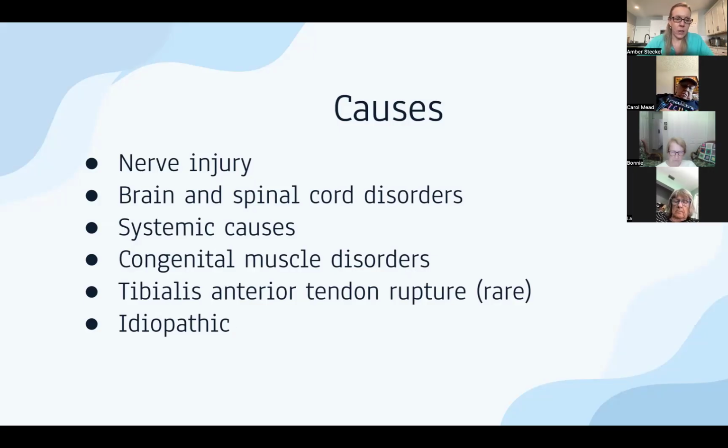It could be unknown, or that person's health team just can't find a clear diagnosis, because some of them are very clear and some of them are diagnoses of exclusion, where it's like, okay, it's not that, it's not that, it's not that, it must be this. So those take a lot longer to diagnose.